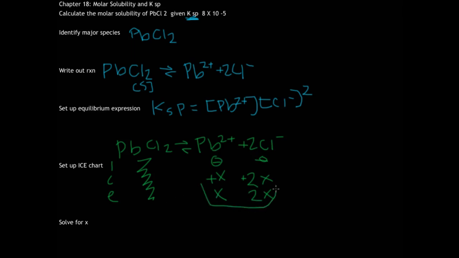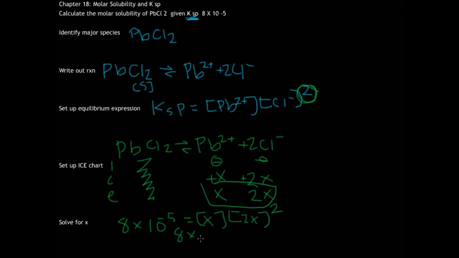Now we plug these into our expression. So remember KSP is given, 8 times 10 to the -5th equals x, and then we have 2x going in for the chloride, and then don't forget about this 2 right here. Okay, so this ends up being 4x squared right here, and then times x.